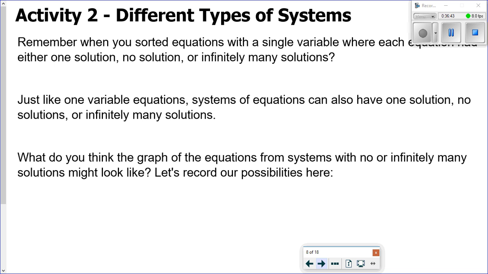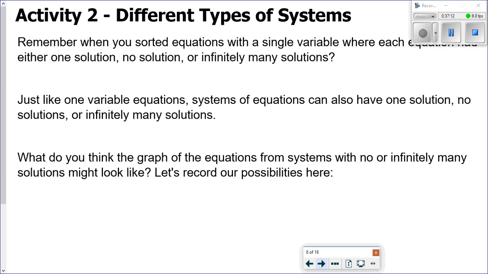All right, so let's go ahead and dive into the second activity, different types of systems. So here it says, remember when you sorted equations with single variables where each equation had either one solution, no solution, or infinitely many solutions, which we just talked about. Just like one variable equations, systems of equations can also have one solution, no solution, or infinitely many. What do you think the graph of the equations from systems with no or infinitely many might look like? Let's record our possibilities here.